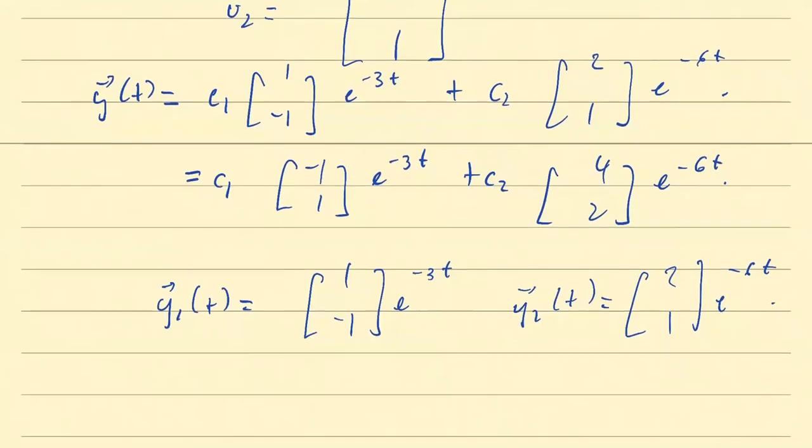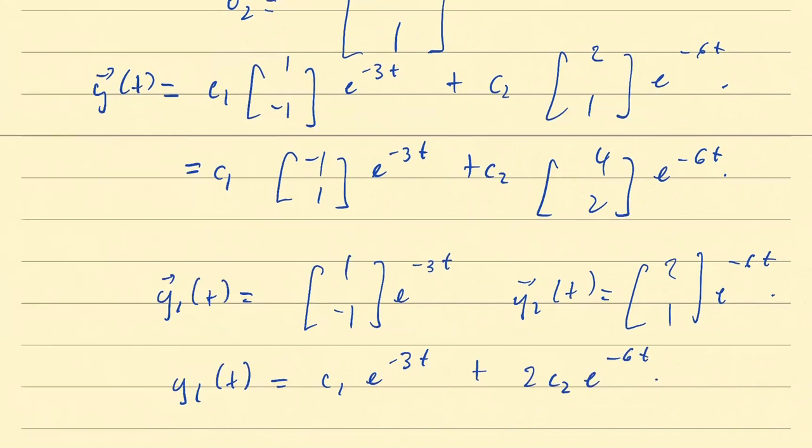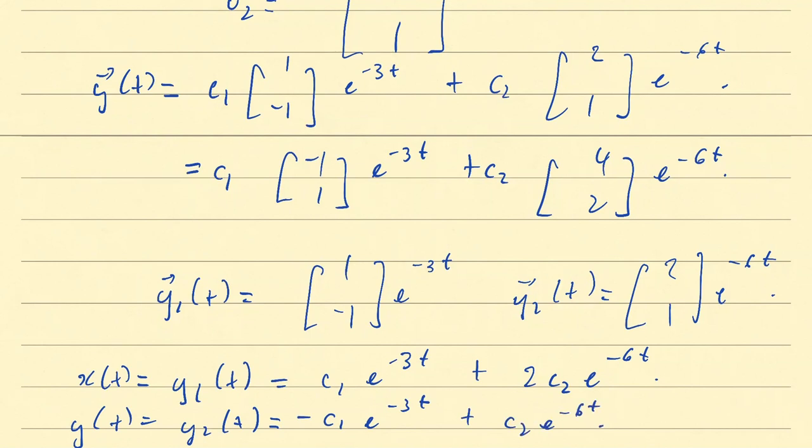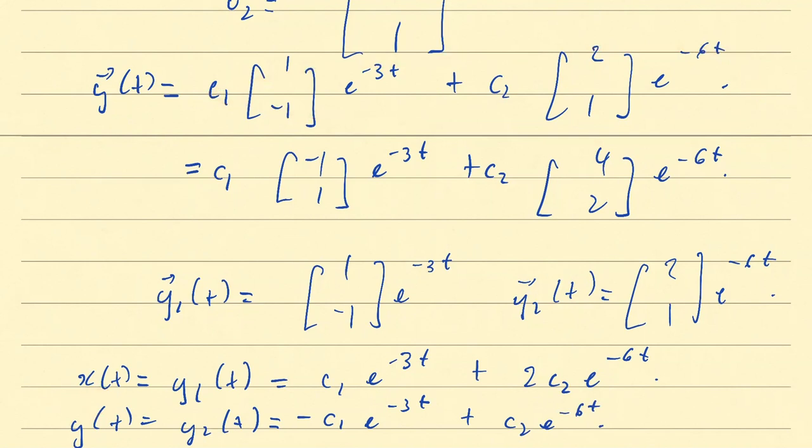My y1 will be c1 e to the minus 3t plus 2c2 e to the minus 6t. Or rather, this is x, the x that the book is looking for. My y2, or what the book calls y, will be minus c1 e to the minus 3t plus c2 e to the minus 6t, where I was using the top form to write that down. Any question?